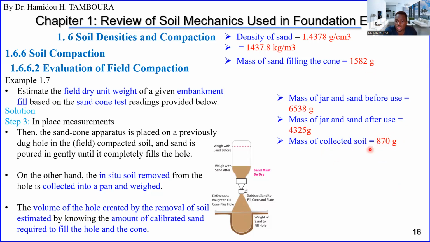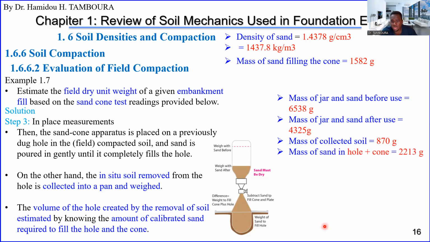This mass is the mass of the collected soil, the soil you took from this hole, not the sand in this hole. We will come back to that later. So 870 grams, the soil that was in this hole.